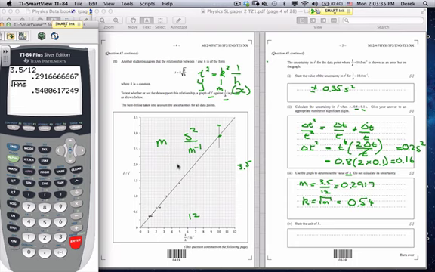So our slope is going to have a unit of meters seconds squared. And so when I found k, which is equal to the square root of m, I'm going to have to take the square root of that to find the unit for k. So that's going to be m to the half seconds. So my unit will be m to the half seconds.